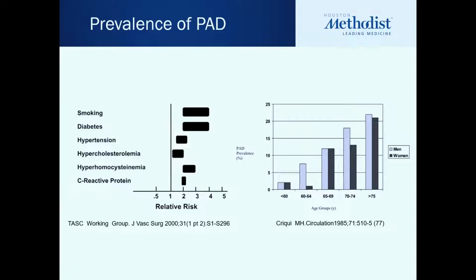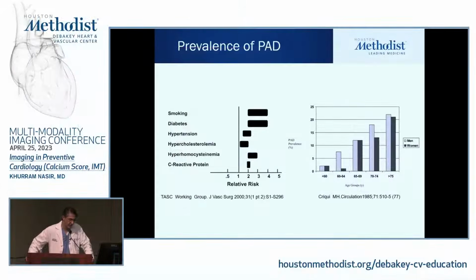Similarly, if you stratify patients by age, as we age, the incidence and prevalence of peripheral arterial disease steadily increases, to where those patients who are greater than 75 have almost more than 20% chance of having the disease.